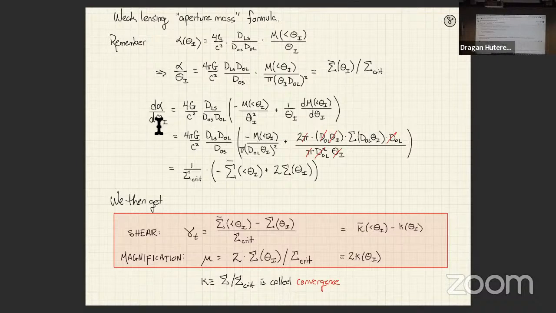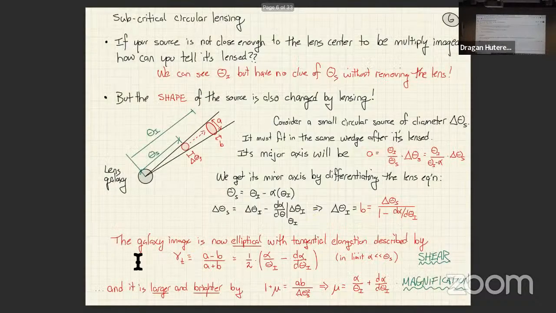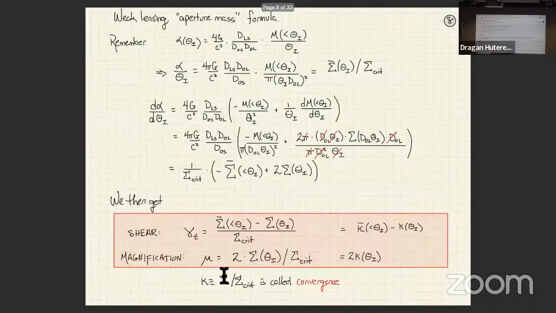And we find that d alpha over d theta I can be written as the mean density within theta I plus 2 times the density at theta I. And this is true for a generic radial mass distribution, all right? So if I plug those two into these two things for the magnification and the shear, I find that at a given radius, I will see a shear which is equal to the mean sigma inside that radius divided by the sigma at that radius.